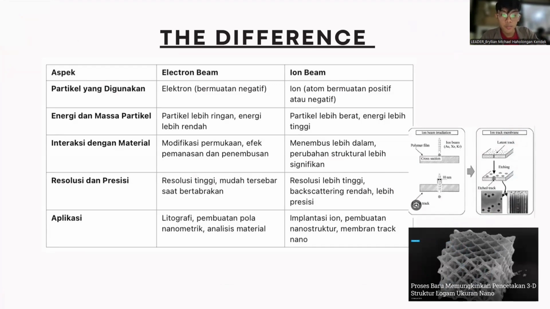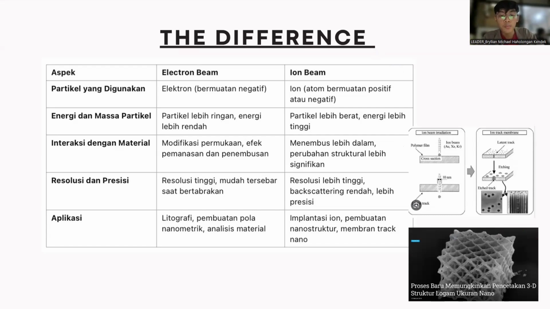The electron beam uses electrons, but ion beams use ions, with positive or negative atoms. The other aspects we can see are energy and material, particle interaction with materials, resolution and precision, and the last one is application.